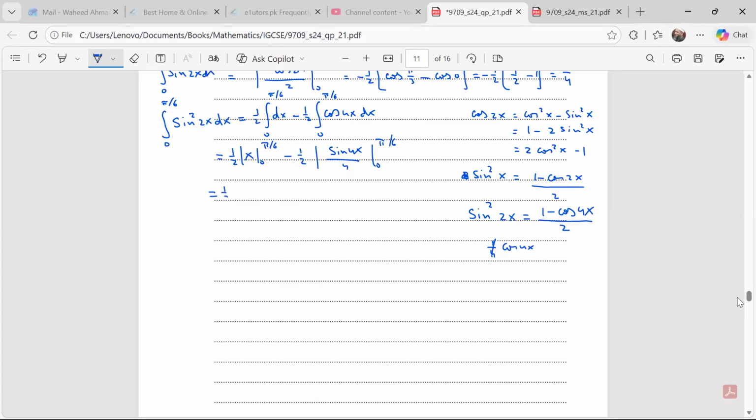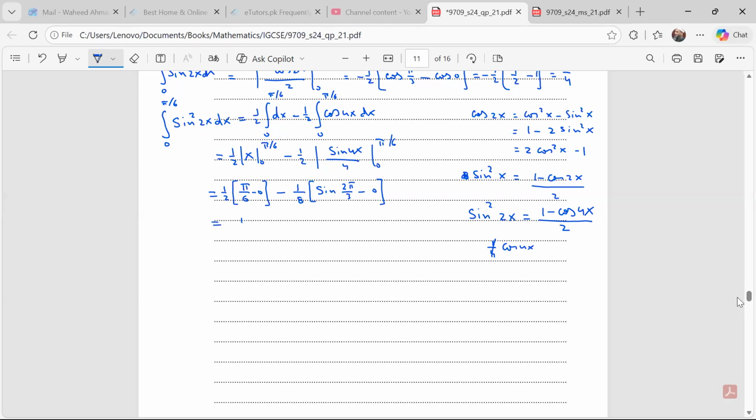Okay, so this is 1 by 2. When I put the upper limit, it is pi by 6 minus 0. Minus, I can take it as 1 over 8. When I put the upper limit, sine of 4 times pi by 6 means sine of 2 pi by 3, minus sine of 0, which is 0.